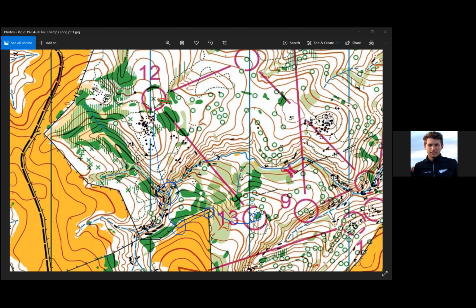Because that's so close to number 12, I can basically hold on to that to get my exit out of the control through this gap. I'm using my compass as well, and those two things will agree. So I've got a good direction out of the control using both the compass and the terrain.